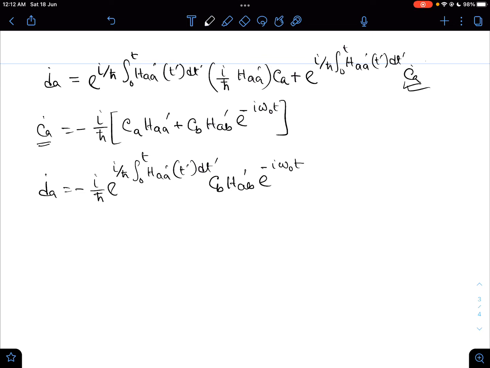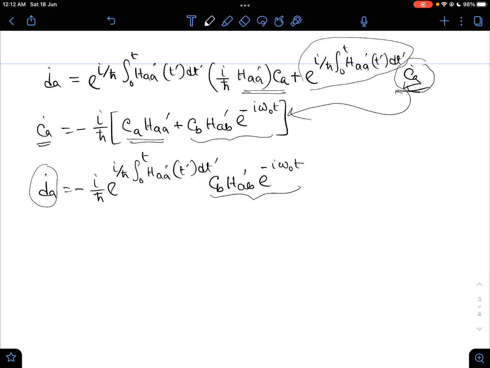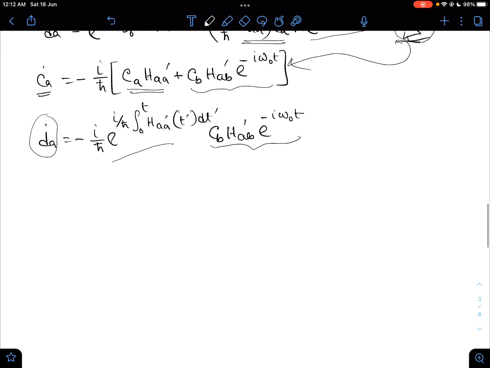We are just replacing C_A dot by this, and if we observe carefully, these two C_A H_AA' terms will cancel out, so we are only left with one term in d_A dot, which consists of this part. So we have this, and we have this exponential factor here. So this is our d_A dot.